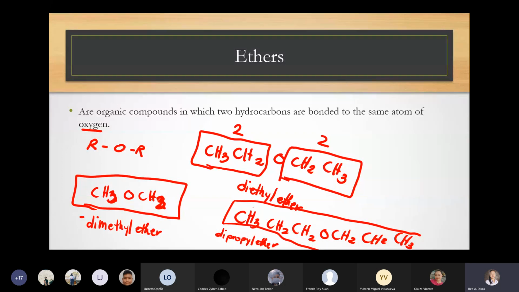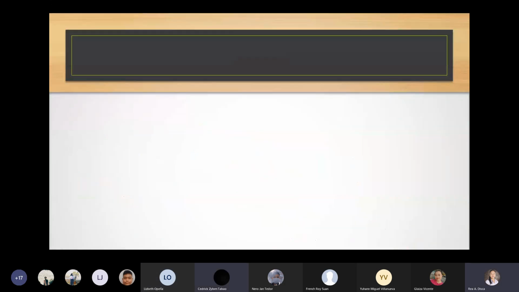So, kailangan same sila. So, simple ethers that contain the same R group are named by counting and identifying the organic groups, then adding ether. Okay? Questions or clarifications pa? None, ma'am.